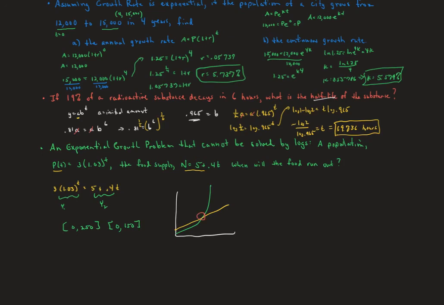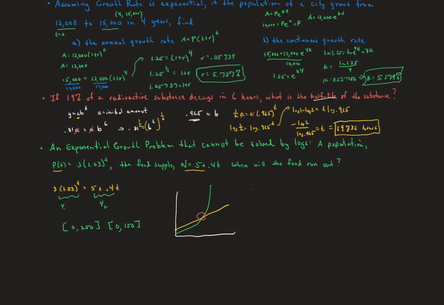So when we do that, I'm going to go second trace down to option 5, which is the intersect. I'm going to hit enter and enter because my curves are right. I'm going to move the cursor using my right and left arrow to get a little bit closer to that point of intersection, then hit enter again.